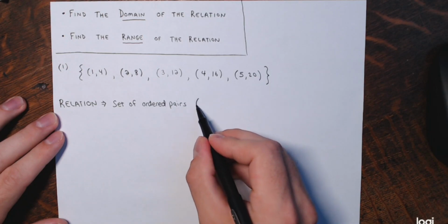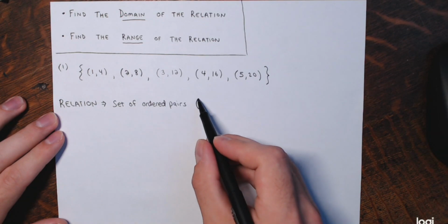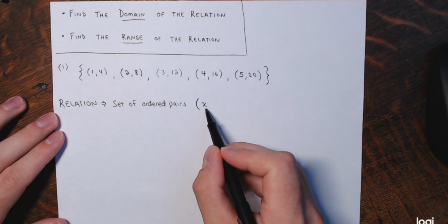Every ordered pair looks exactly like you're seeing up here, where you have a set of parentheses and some first coordinate, which is usually called the x coordinate or x value.